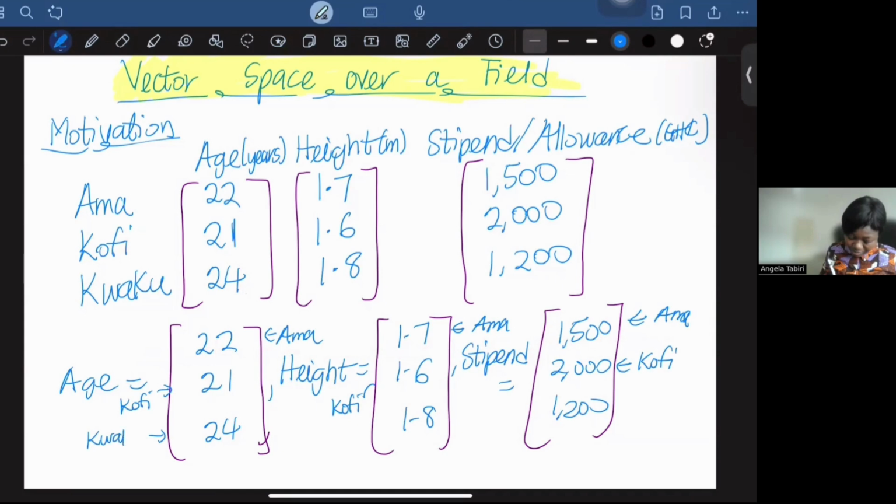Kweku. So you can think of vectors as containers that we store data or information. So you can think of what? Vectors as containers for storing data.